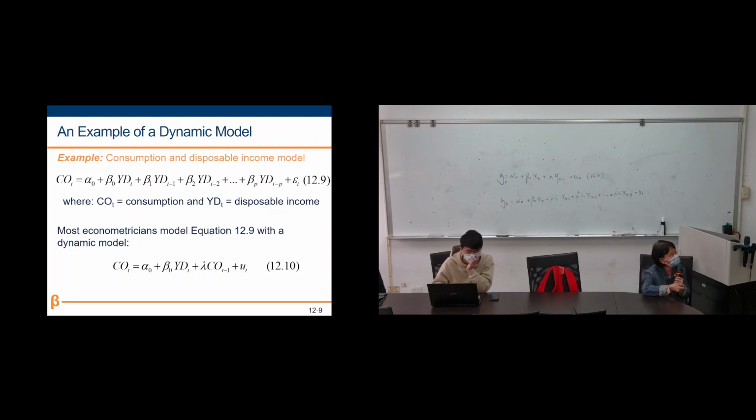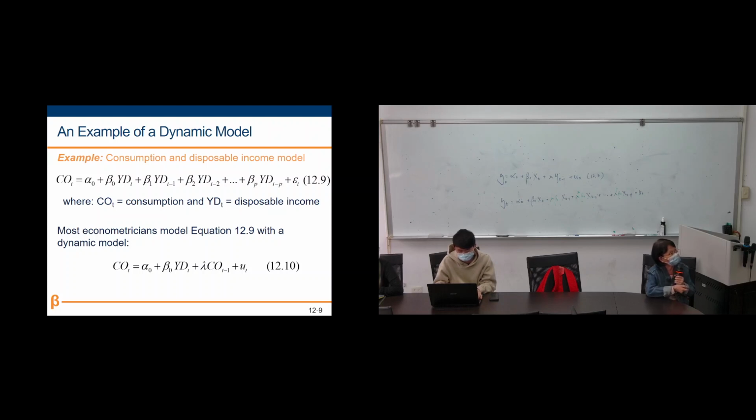All right, so what kind of model is 12.9? It's a distributed lag model, right?